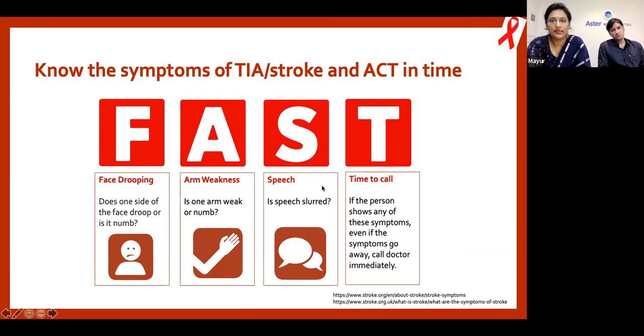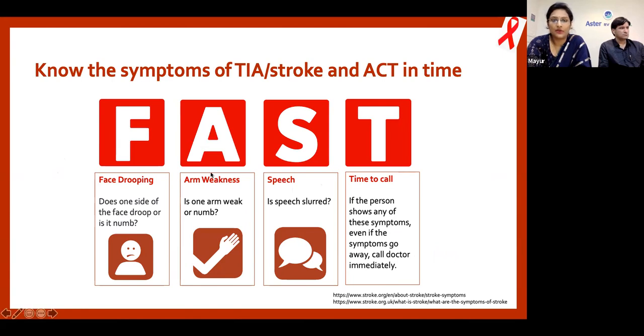Now, the next important question is, how do we recognize that a person might be having a stroke? There's a very simple mnemonic for the general public called FAST, which means act fast. F stands for face drooping. Suddenly we see that one side of the person's face is drooping, or when they are talking or smiling, the mouth tilts to one side.